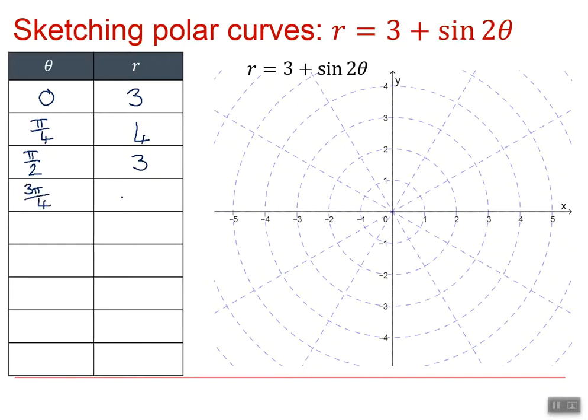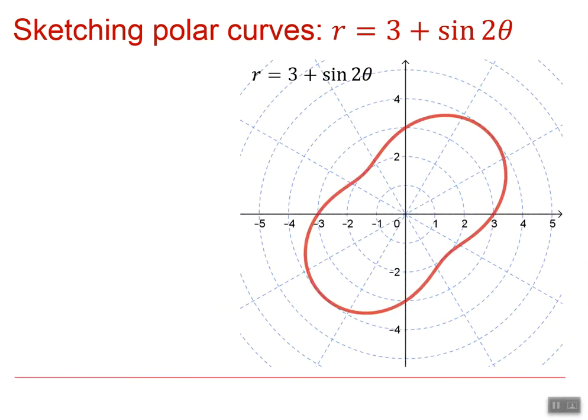When it's 3 pi over 4, r is 2, and when it's pi, r is 3. So think about what's happening here. We're coming in and out from 3. Let's have a look at what that looks like now.